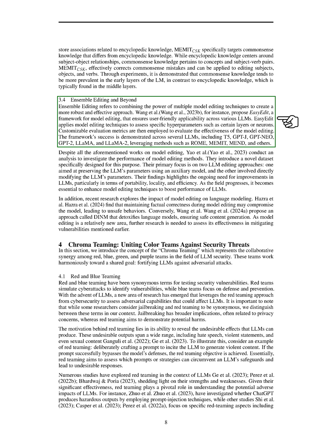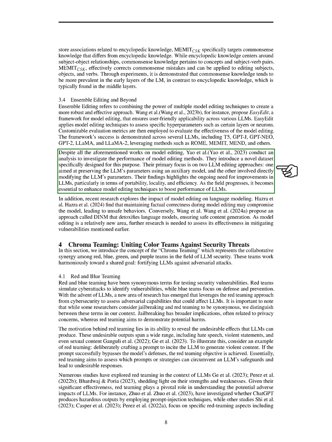EasyEdit evaluates specific hyperparameters, such as certain layers or neurons, and uses customizable metrics to measure how effective the model editing is. The success of this framework is shown across several LLMs, including T5, GPT-J, GPT-Neo, GPT-2, Llama, and Llama 2, utilizing methods like ROME, MEMIT, and MEND, among others.